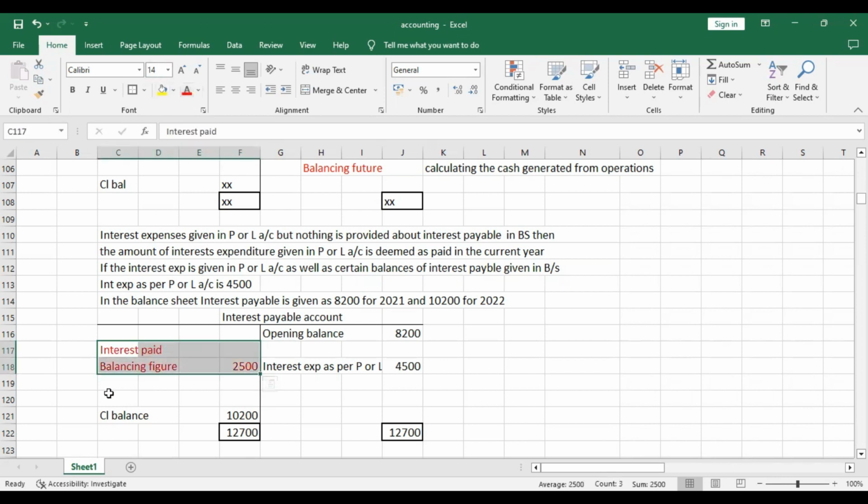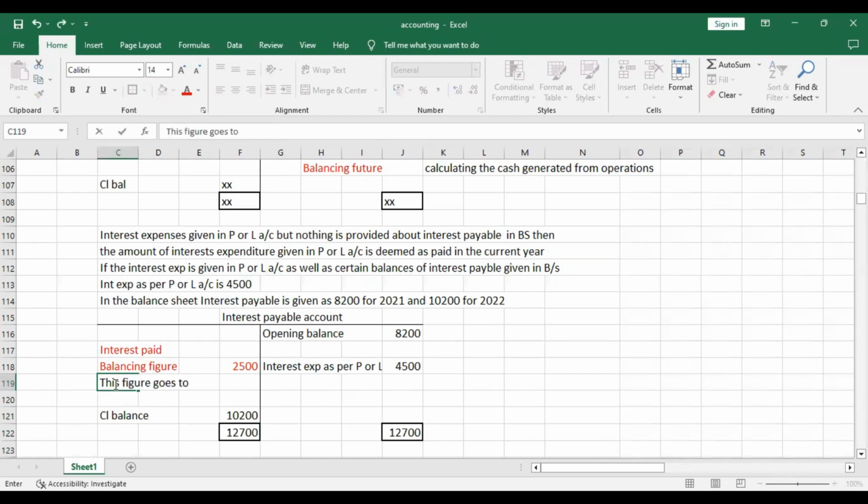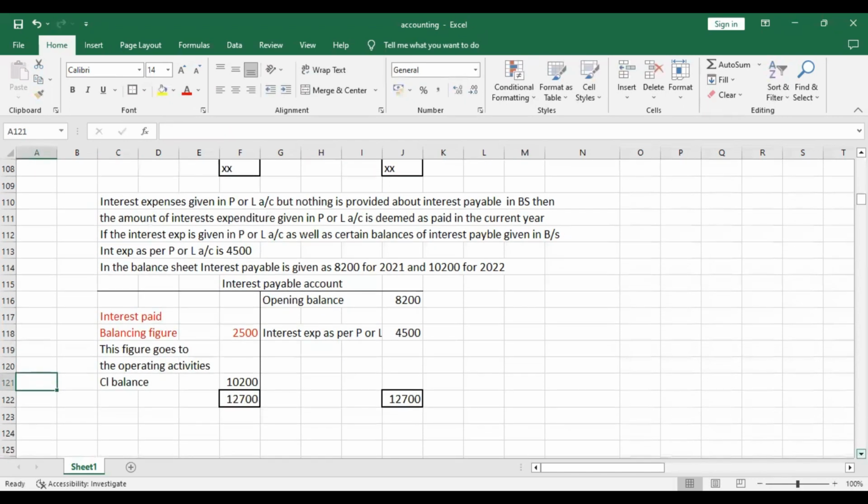This figure goes to the operating activities. Are you clear? That is one.